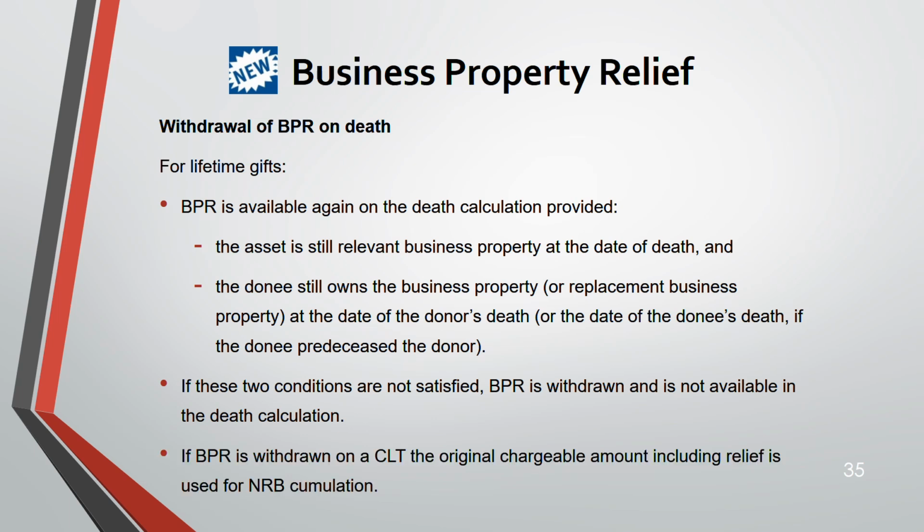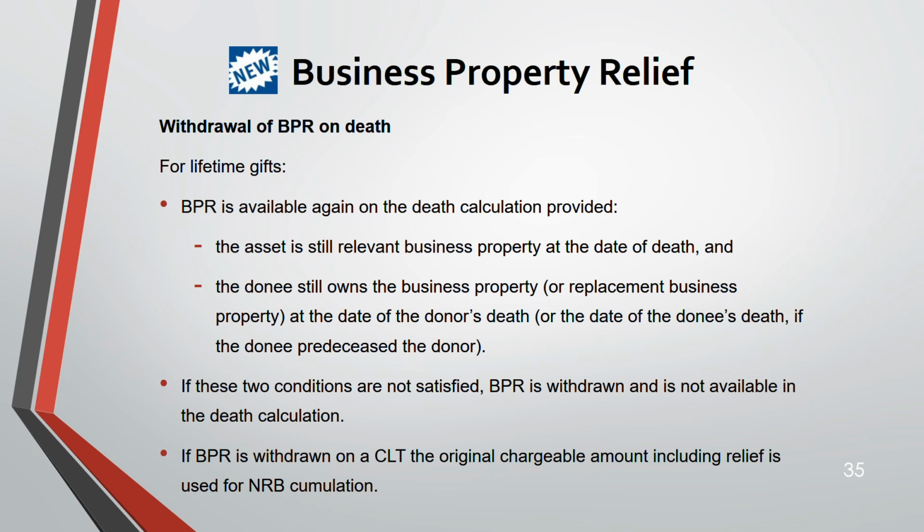Very simple. If BPR is withdrawn on a chargeable lifetime transfer, the original chargeable amount including relief is used for the NRB, nil rate band, accumulation. Remember, in a PET there is no issue, because a PET is not chargeable during lifetime. But a CLT was chargeable during lifetime with BPR.